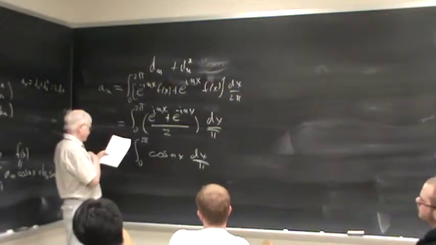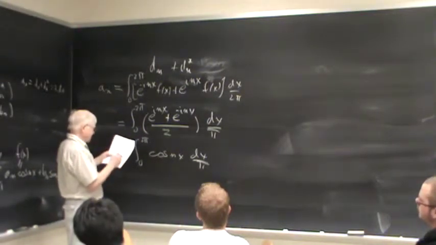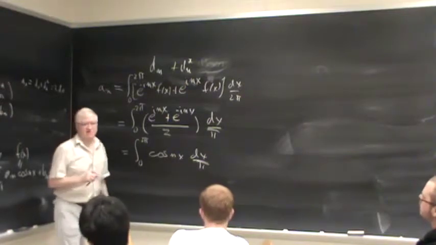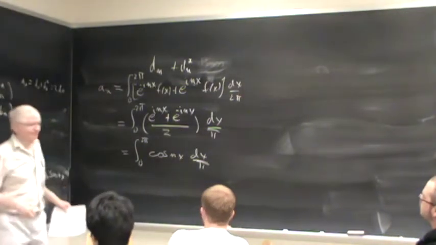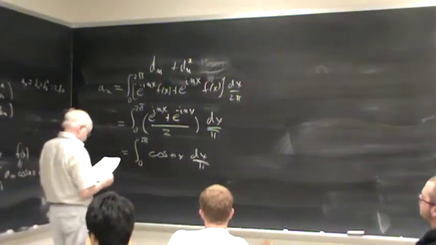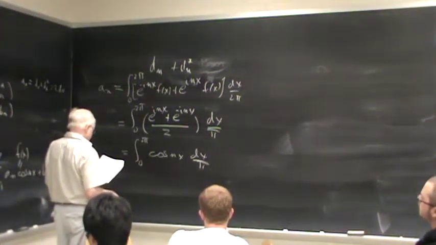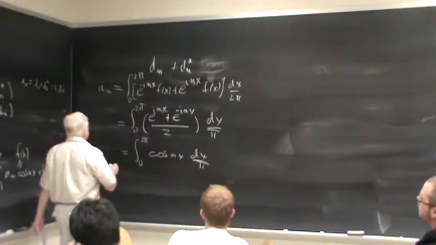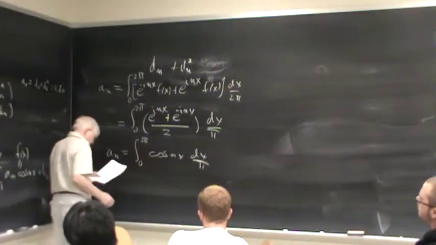And yes, I see a typo on the right-hand side of 211, an extra factor of 2. So an is given by this expression.